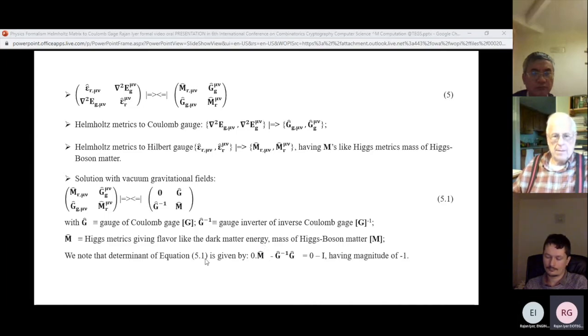But if it exists like that, then that will describe the dark matter as well. So the idea is that in the vacuum, you have 0, and then you have the dark matter energy, the flavor, that M remains there. So something remains in the vacuum. Even if there is an absolute 0 vacuum, there's something in there.